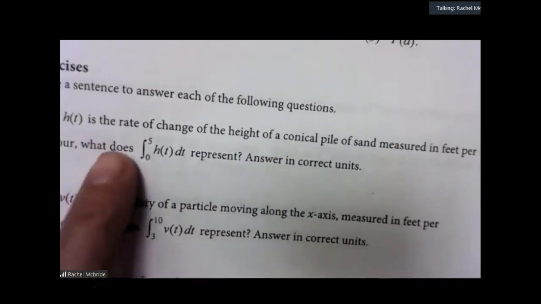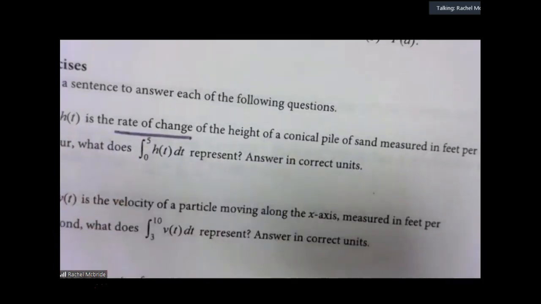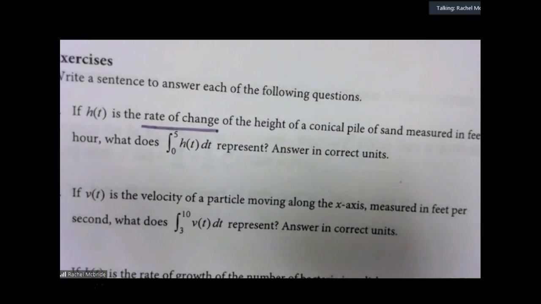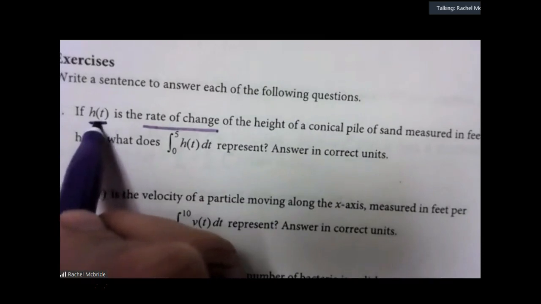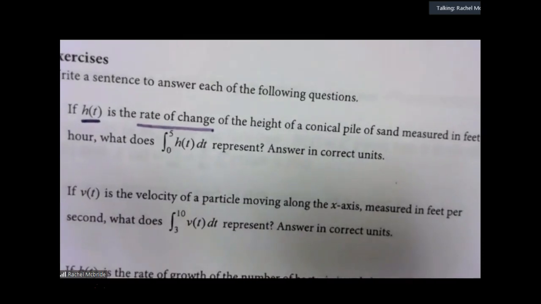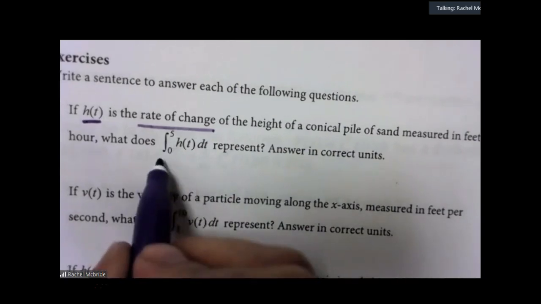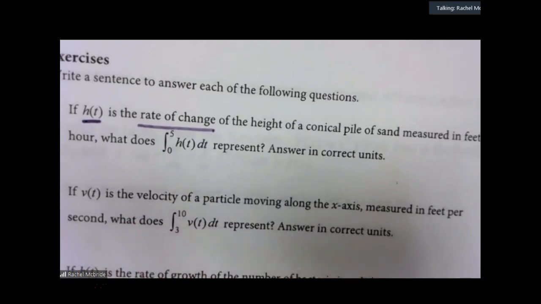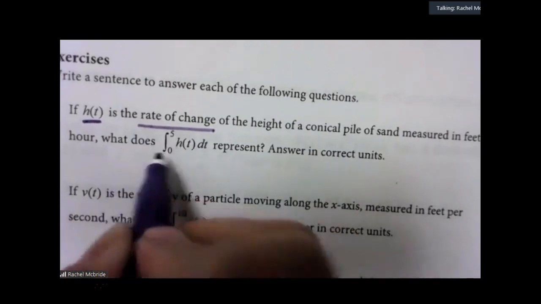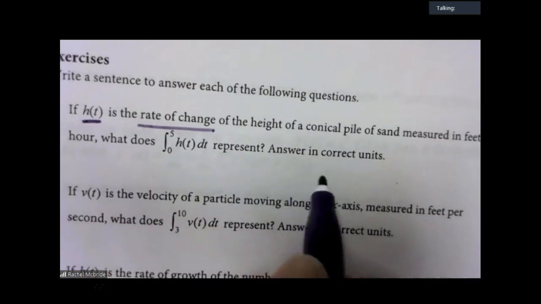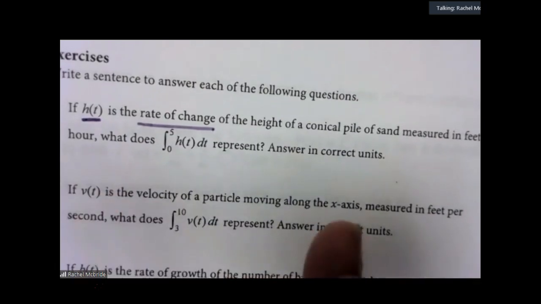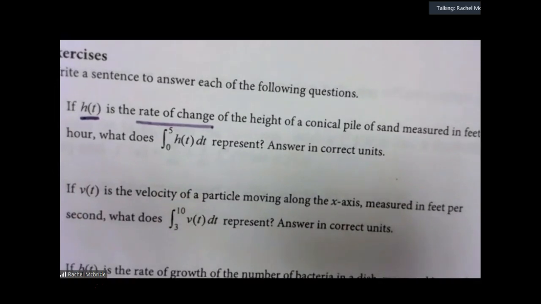It says if h of t is the rate of change. Remember, rate of change is a fancy word for derivative. So this represents the derivative of the height of a conical pile of sand in feet per hour. What does the integral from 0 to 5 of h of t represent? That represents the integral of the rate of change. If you're going from feet per hour and you integrate that, your answer is now going to be in terms of what? Feet.